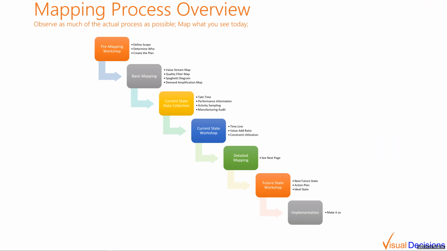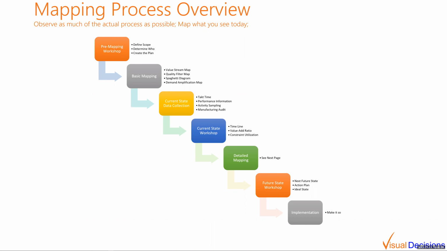So next, let's take a look at the overall mapping process. The process usually begins with a kickoff workshop. In this workshop, we define the scope, what value stream will be the focus of the exercise. Is it for a single product, a product family, something else? Do we need to do a product family analysis initially to figure out which products we can group together for the analysis?